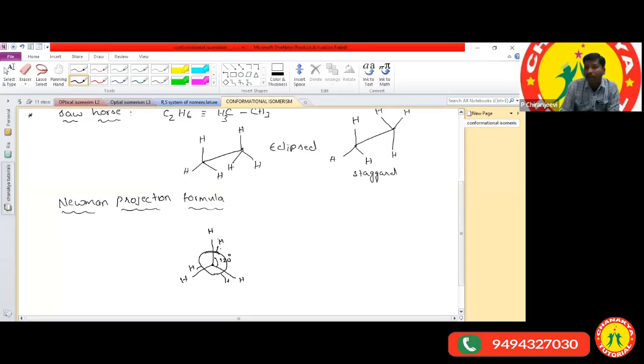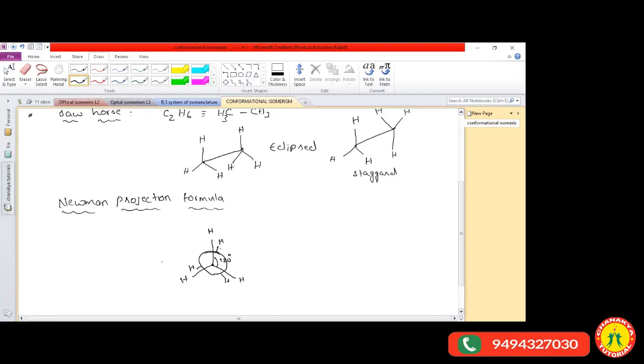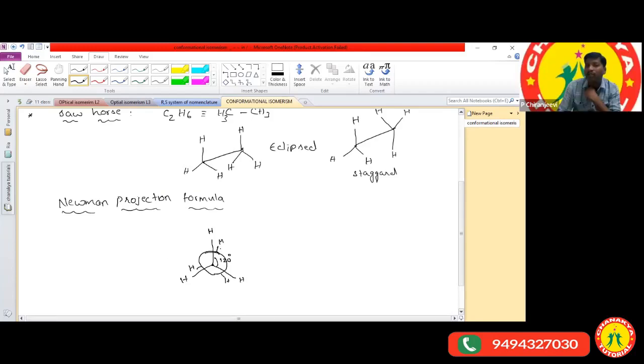Actually, if you write three dimensional structures, is there any possibility to represent them on the plane of the paper? Samhita, is there any possibility? No, sir, not really. It is not possible. So that's why we represent with the Newman projection formula.